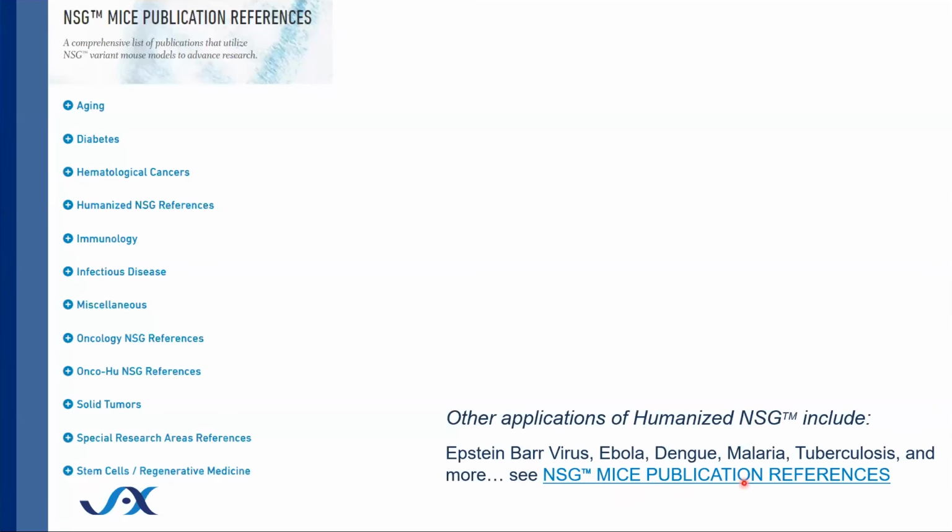We'll be making these slides available later to see a list of NSG mouse publication references collated by disease area. So here you'll find some of those references in the field of infectious disease, but we've also got a whole lot of other categories that we're collating on a periodic basis. And so this is a great way to just sort of get your feet wet in the literature and browse and see what's out there.